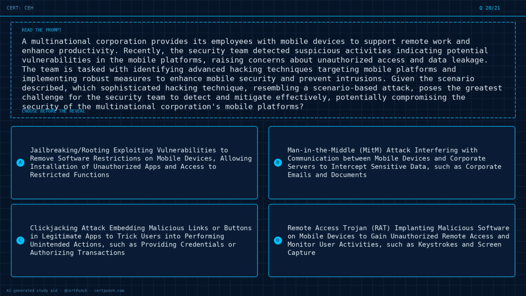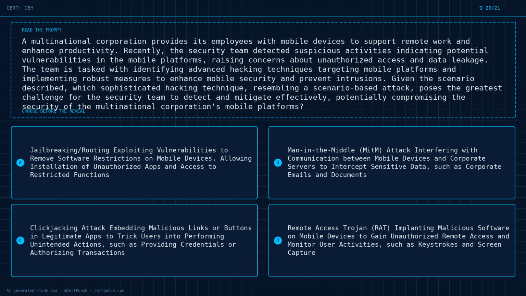Option A. Jailbreaking/rooting. Exploiting vulnerabilities to remove software restrictions on mobile devices, allowing installation of unauthorized apps and access to restricted functions. Option B. Man-in-the-middle, MITM attack. Interfering with communication between mobile devices and corporate servers to intercept sensitive data, such as corporate emails and documents. Option C. Clickjacking attack.